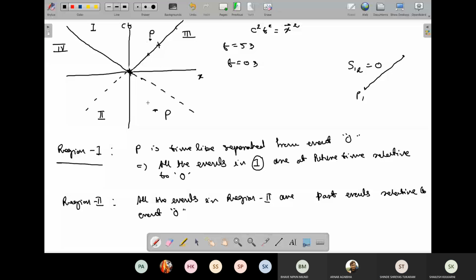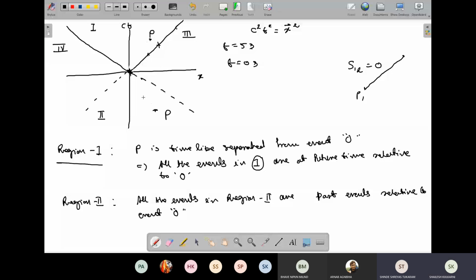Sir, in both region 1 and 2, for these time-like events, the condition is that delta S square is greater than 0 for both regions, right? Yes. And we are invoking only this condition, to estimate whether one event P can cross over to region 2?